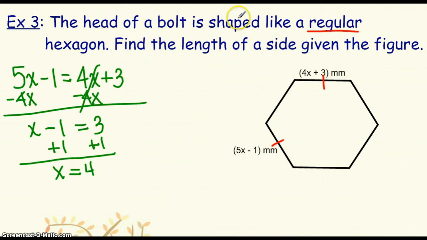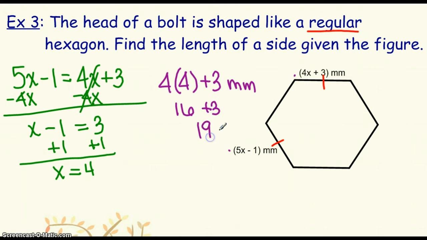So I need to take that x equals 4 and plug it in to one of the two expressions that I have. So 4 instead of x, I'm going to put 4 in plus 3 millimeters because that's our label. So 4 times 4 is 16 plus 3 gives me 19. If you chose to do the other equation, you would have 5 times 4, which is 20 minus 1, which also gives you 19.